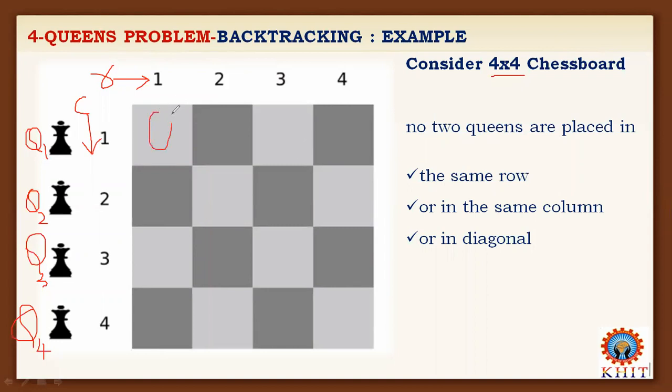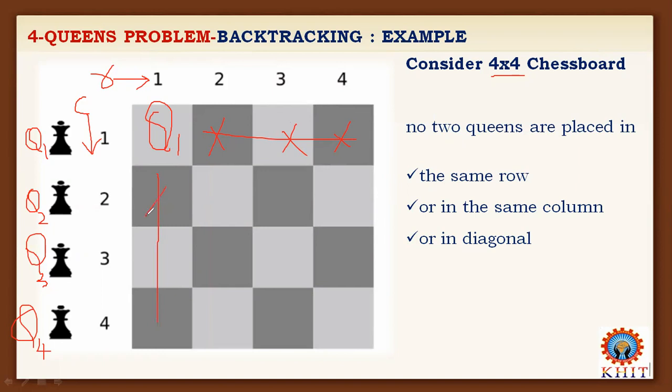Suppose I have placed the first queen here. The condition is that you cannot place the next queen in the same row. This is the same row. I cannot place a queen here. Same column also. This is the same column.